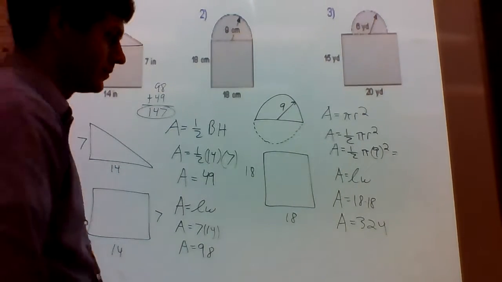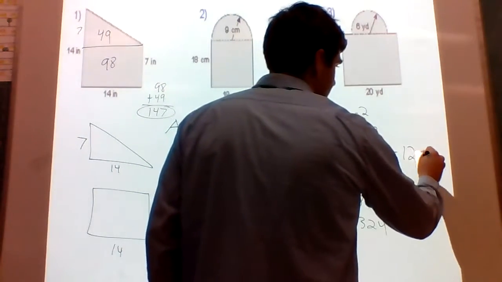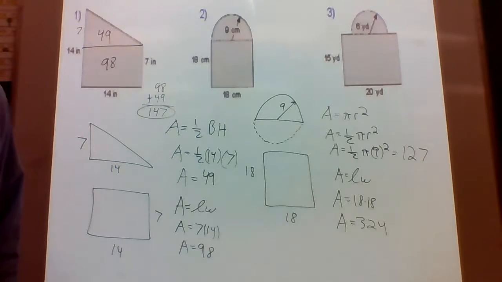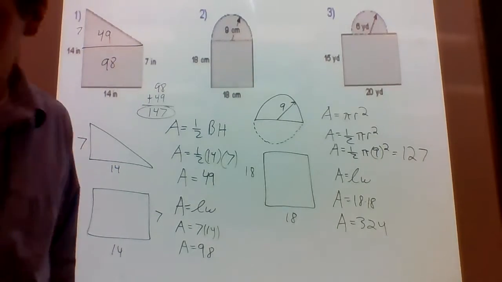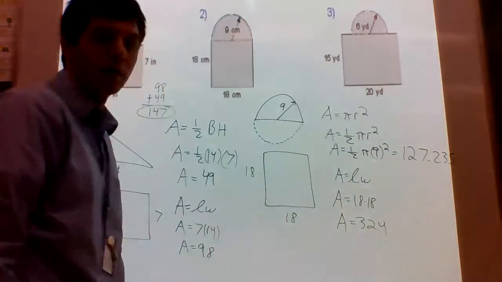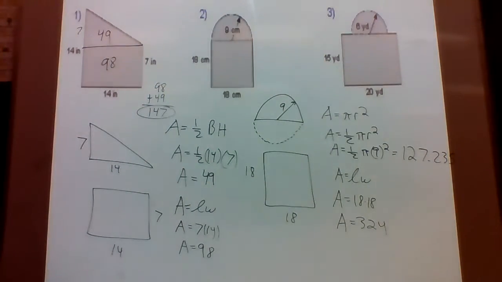Or 127. 127. Okay, you can put approximately 127, or you can put the exact answer, which here is 127.235. But you can round if you want. If you want to round to the nearest whole number, that's fine. No big deal.